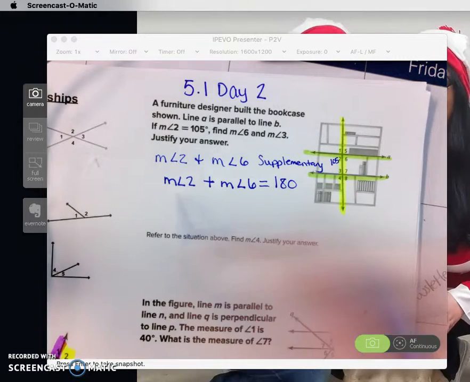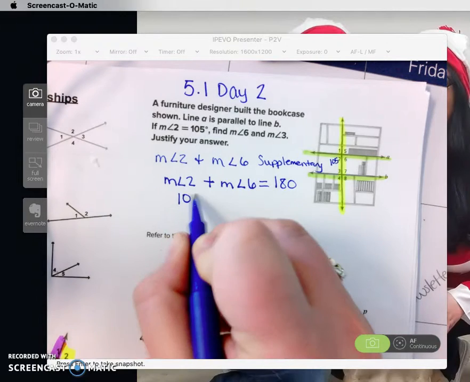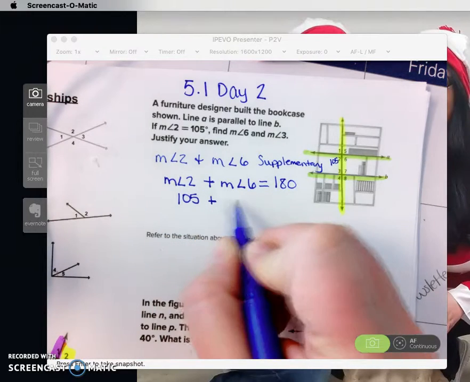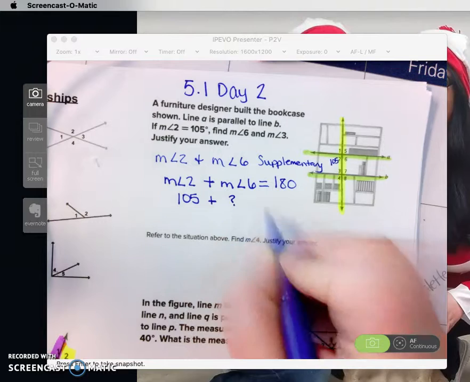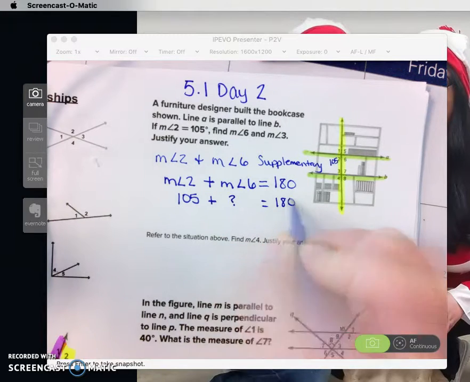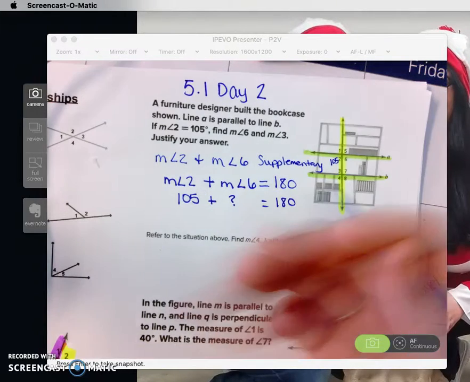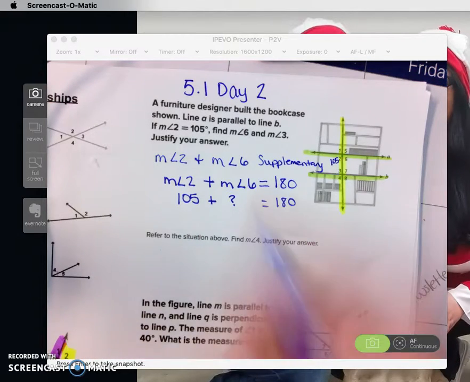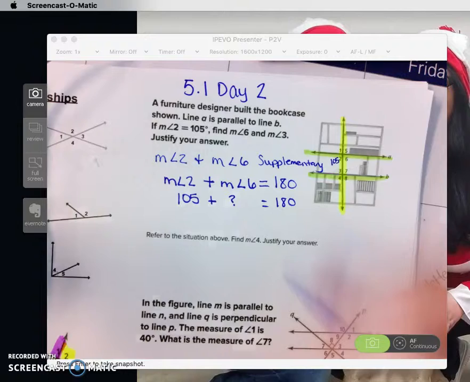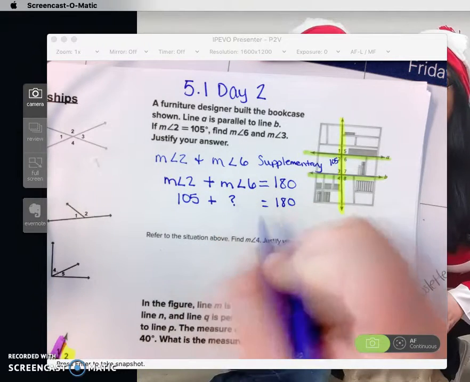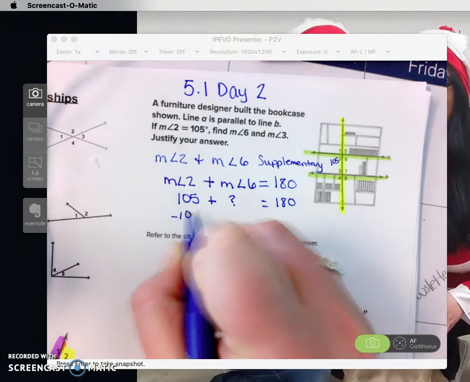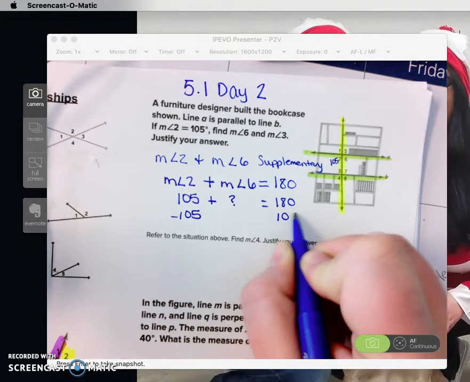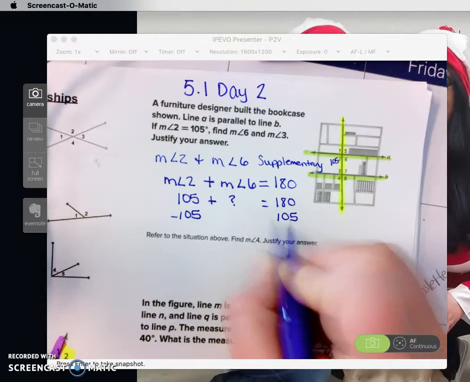So I know that measure 2 is 105. So 105 plus what number is equal to 180? This could also be a variable. We're just going to put it in there, and we're going to be solving for the measure of angle 6. So I'm going to be subtracting this 105 from the 180.